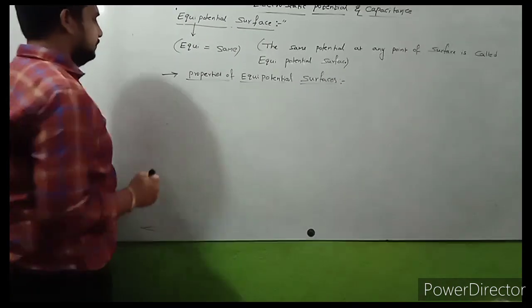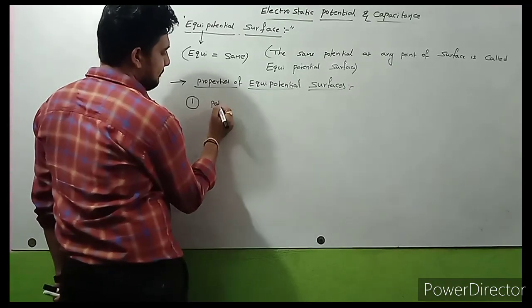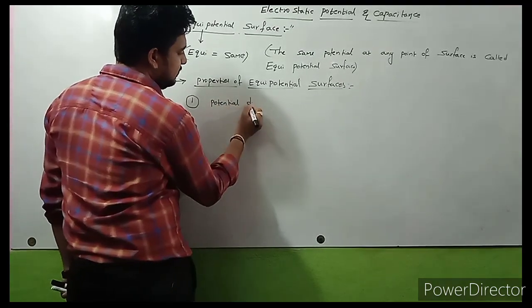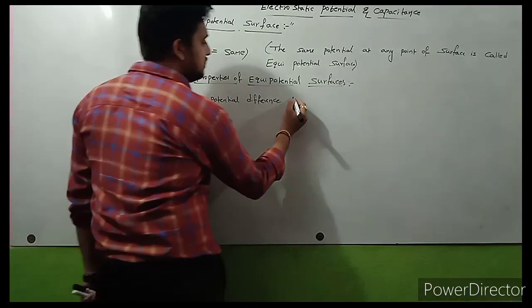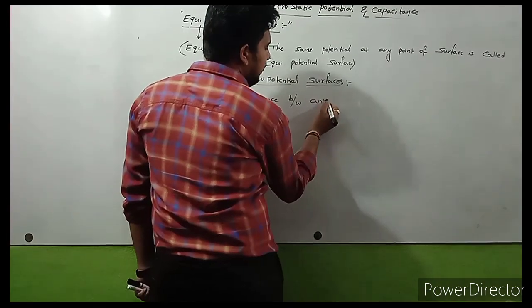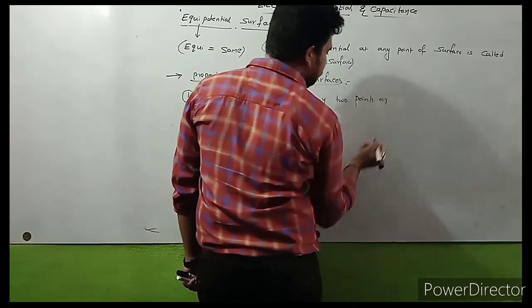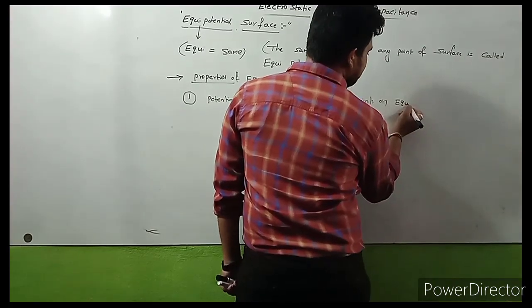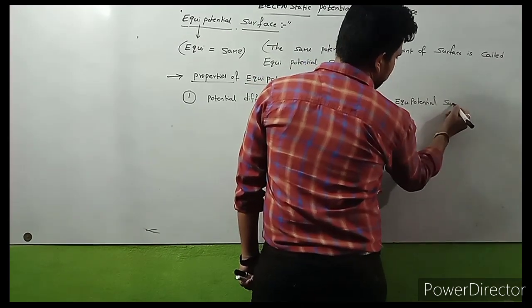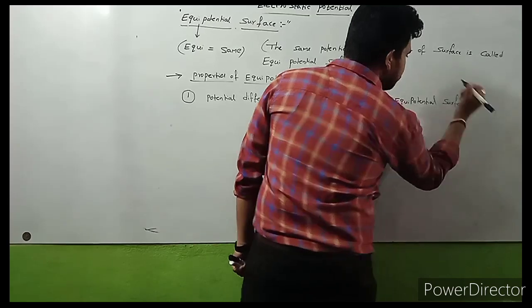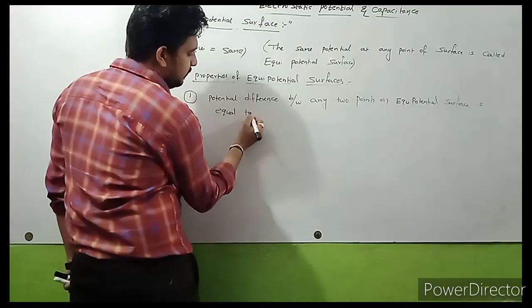So property number 1. Potential difference between any two points on equipotential surface is equal to 0.